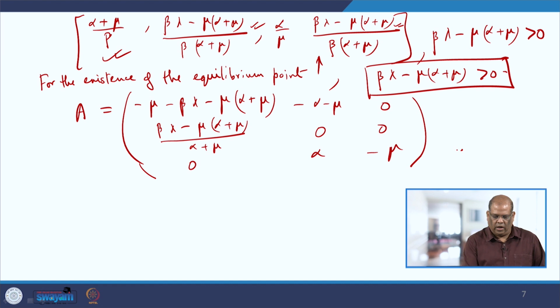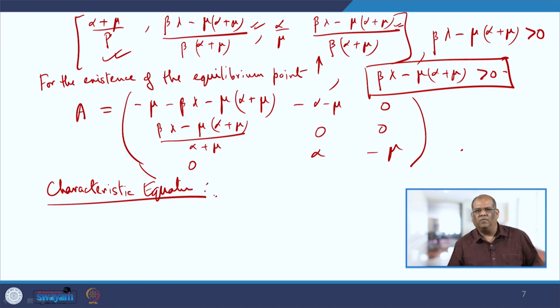The characteristic equation will be given by... it is advisable, if you want to calculate the eigenvalues and it may give you some complicated expression, then go for this characteristic equation. So, if you calculate this characteristic equation, which will be A minus x I equal to 0, where x is the lambda, the eigenvalues.